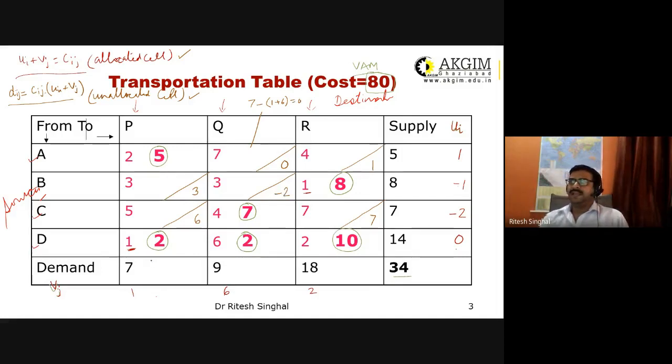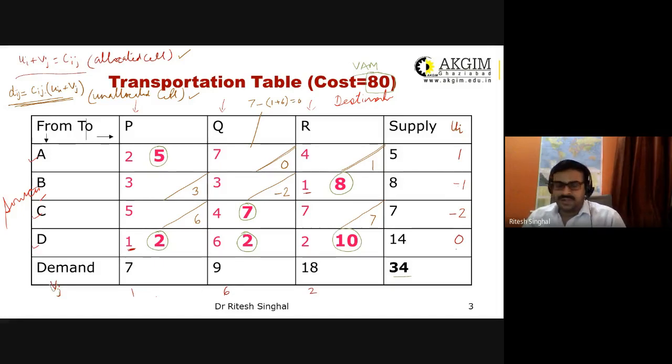So all Dij must be calculated for each unallocated cell. That is the opportunity. Now we have 6 values of Dij, and you know how we write Dij? Like this, in each cell, in a slanting line, below the slanting line.